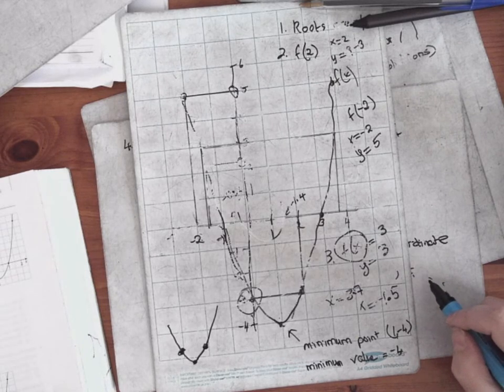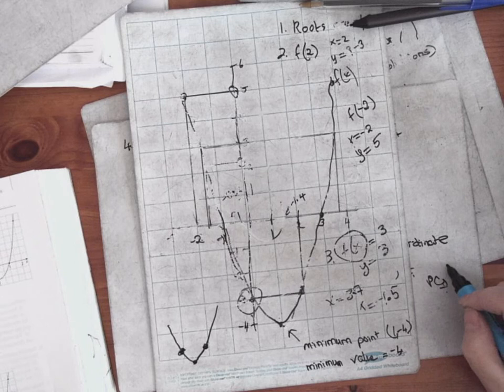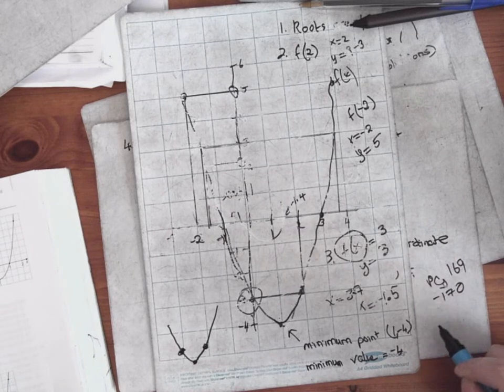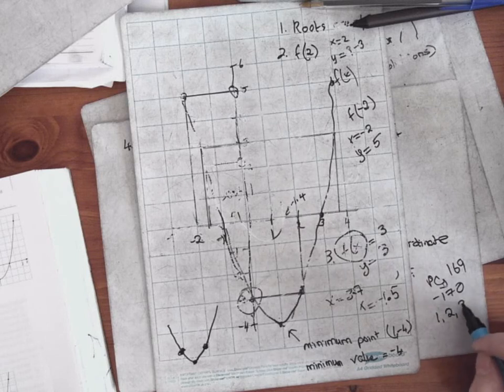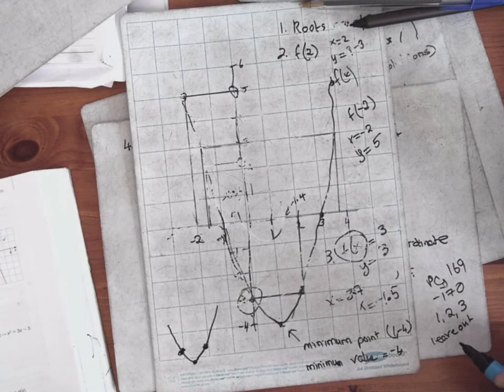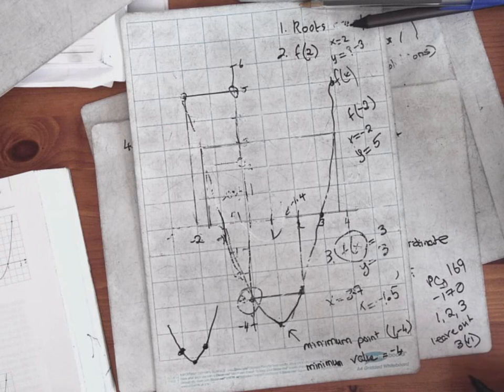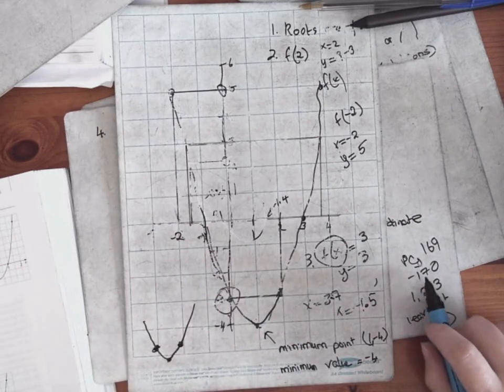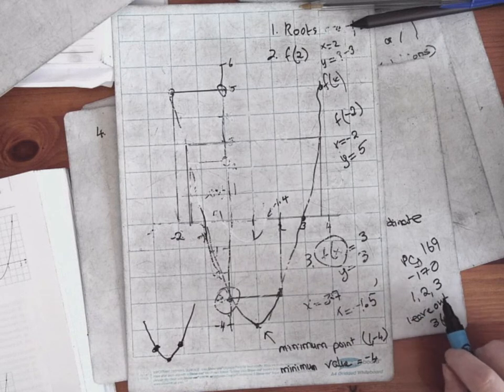So we're going to do page 169 to 170, and you're going to do 1, 2 and 3, but you can leave out 3 part 6, the last bit of 3 part 6. It asks me about the axis of symmetry, we haven't done that yet, so leave out 3 part 6. So page 169 to 170, 1, 2 and 3, and leave out question 3 part 6. Okay?